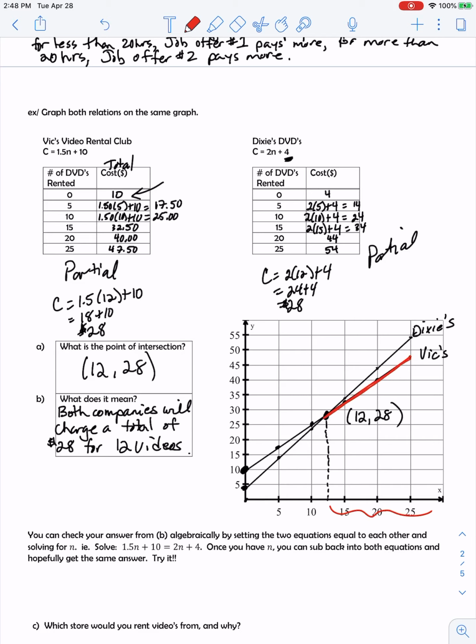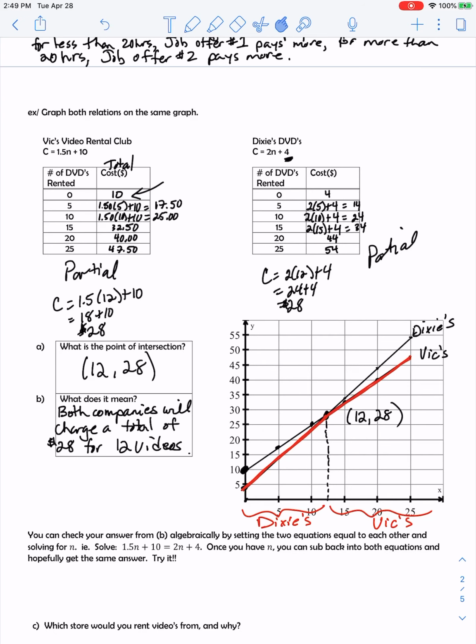And if you were going to rent less than 12 videos, the cheaper of the two is this graph. So Vic's is cheaper up here, but down here, Dixie's is cheaper. So if you don't rent a lot of videos, you would want to choose Dixie's. But if you rent a lot of videos, then you might want to choose Vic's.